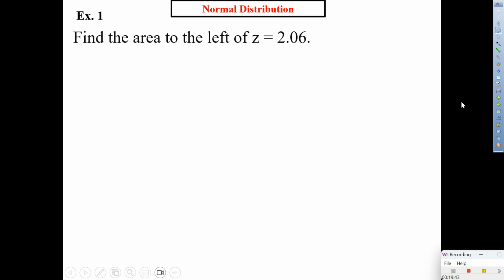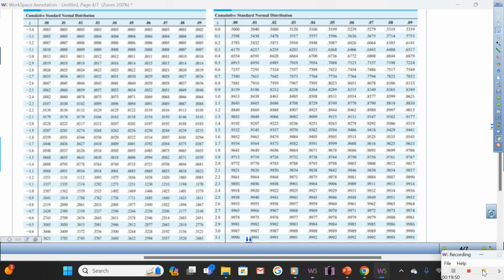Okay, let me go back to the table. Okay, so it's a positive. So we look at Z. Here's Z. Start with 2. Where's 2? 2.0 is right here. What was it, 2 point what? 06.